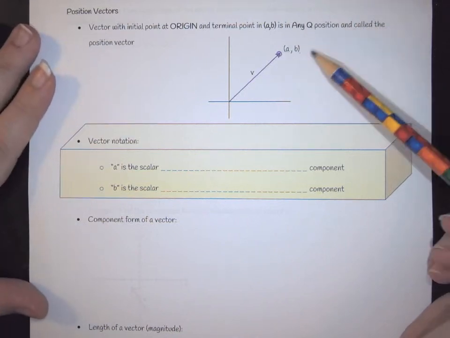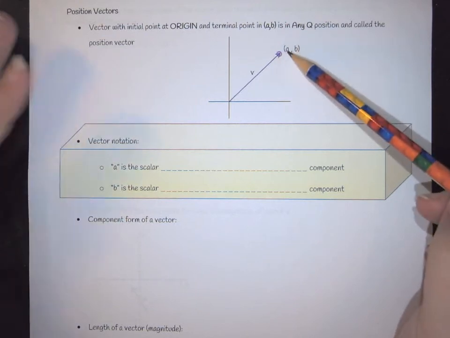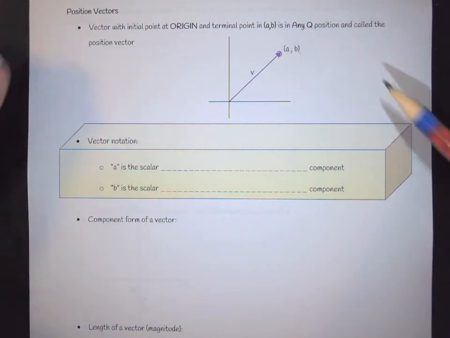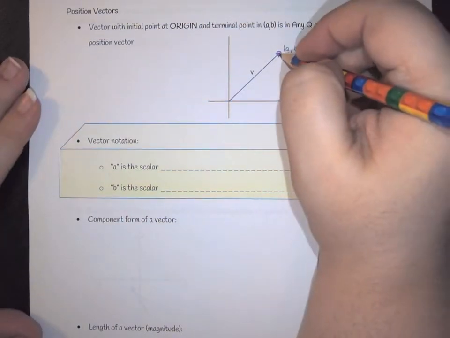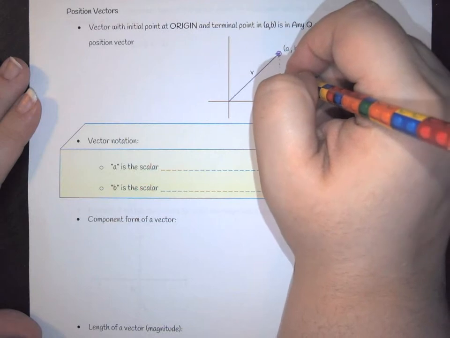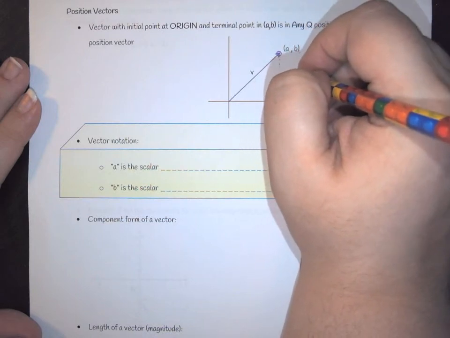Well, in order to create this point, there are components. Just like with trig, when you draw triangles to do your reference angles on the coordinate plane, we use that same idea when we're working with vectors. So here, this is going to be, say, our B component.